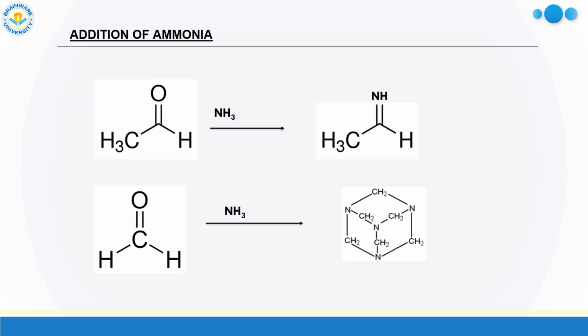Now, in a similar way, addition of ammonia. Ammonia also interacts with the carbonyl group and forms an imine, and this is another example, the formation of urotropin. It is sometimes used for making explosives, and is also used as an antiseptic for urinary infection.